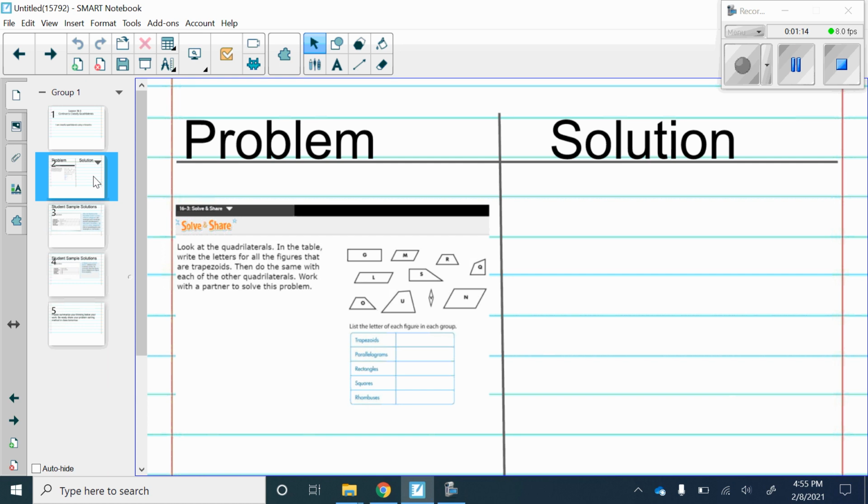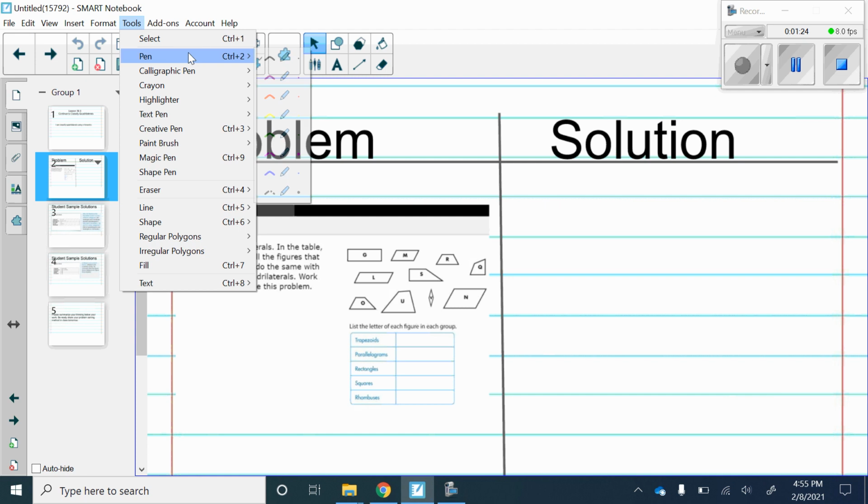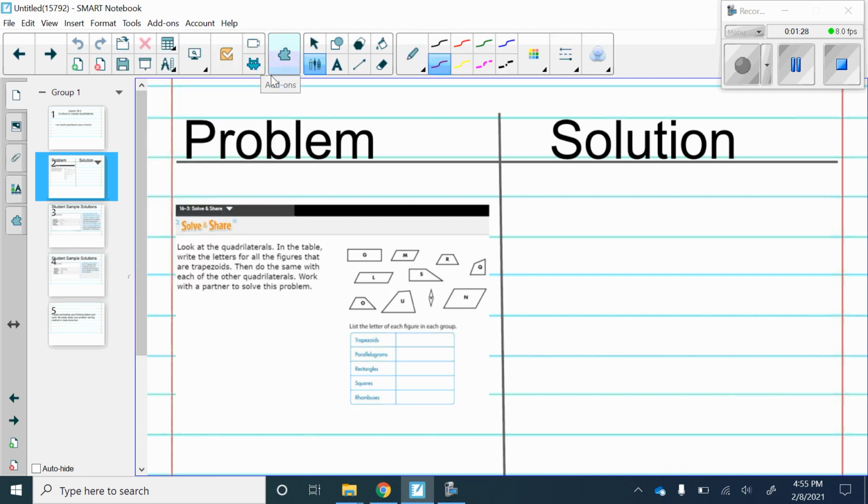Okay, first, when we solve this problem, we need to do CUBES. So the first thing I want to do is circle the numbers. First of all, I don't have any numbers to circle. But next, I need to underline the question.